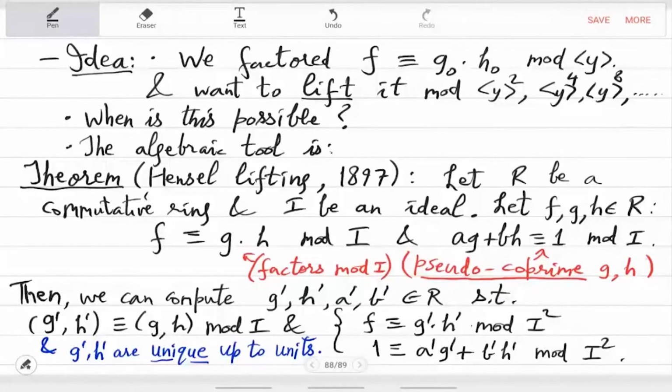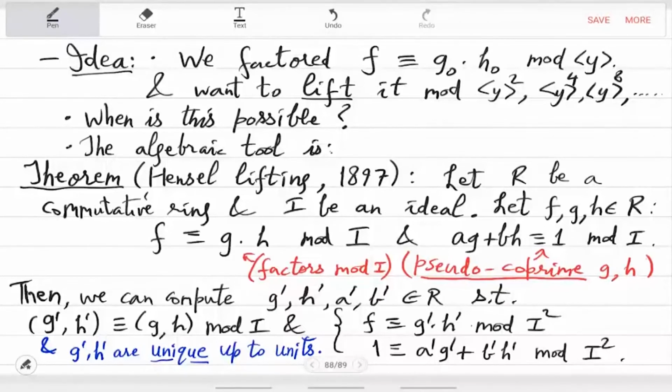Yes, so G prime has to be G mod I, which means that you want to perturb G by an element in I. That element you want to find. But obviously it has to be a very special element. At this point it is not even clear why that will exist, because it has to satisfy all these congruences mod I square, which is the next precision.